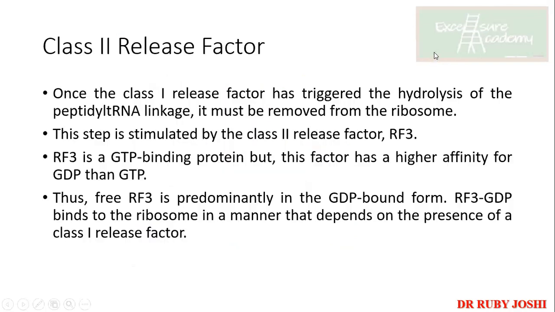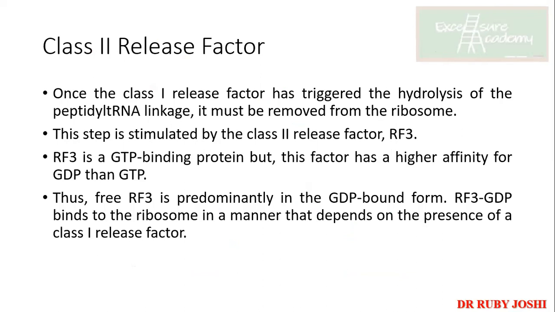Now, let's talk about the class 2 release factor. Okay. So once a class 1 release factor has triggered the hydrolysis of the polypeptide chain or the peptidyl tRNA linkage, it must be removed from the ribosome. Okay? What should be removed? What was the job of the class 1 release factor? To release the polypeptide chain from the ribosome, mRNA, tRNA complex.